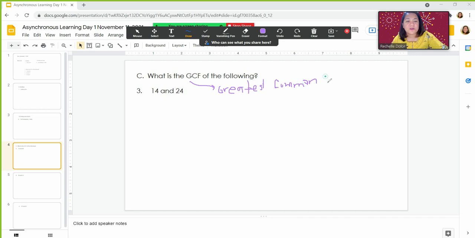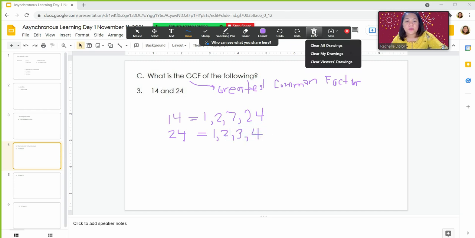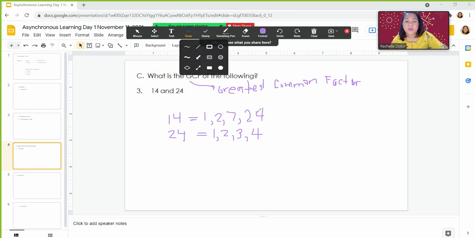So the best thing to do is to write down all the factors of 12, 14, and 24. The factors of 14 are 1, 2, 7, and 14. Then the factors of 24 are 1, 2, 3, 4, 6, 8, 12, and 24.